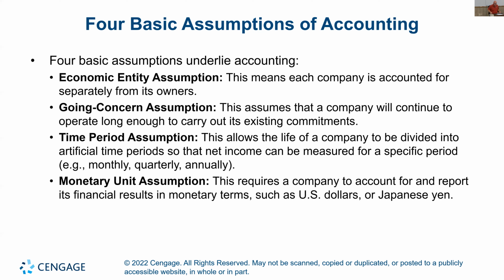Second is our going concern assumption. Here, we assume that the business, the corporation, has an indefinite life, and it's not going out of business anytime soon; it's going to last forever. The way you're going to hear this used a lot is if a business is about to go under or go bankrupt, it'll be listed as having a going concern issue.